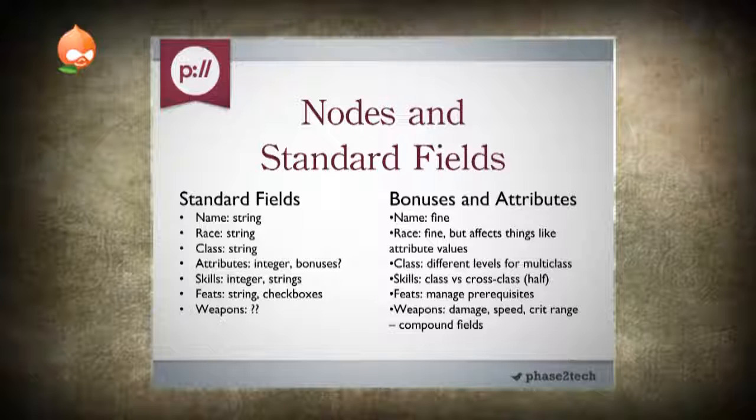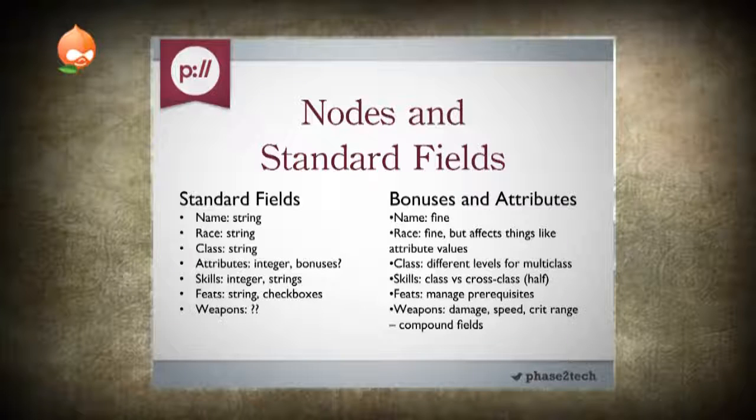Plus, you might have a couple of house rules that apply. And feats, again, it's just a checkbox, but then you have to worry about prerequisites, and you have the ability scores, you have the other feats that you need for Greater Cleave or something like that. And then weapons, oh yeah. At that point, it's just gotten completely out of hand.